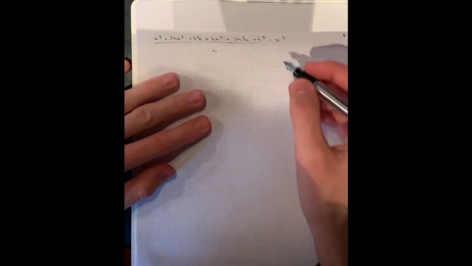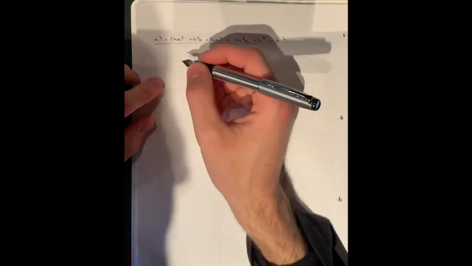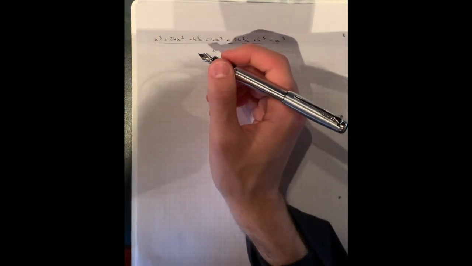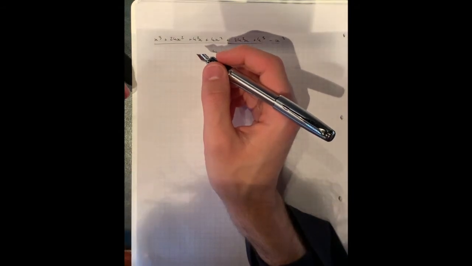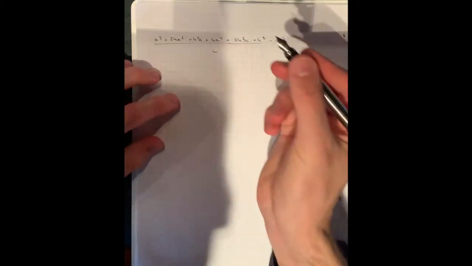Now this looks pretty nasty. This is pretty gross, right? But remember that loophole I pointed out earlier: any power of h that is equal to 2 or higher can be ignored.